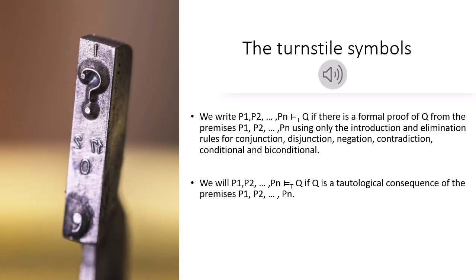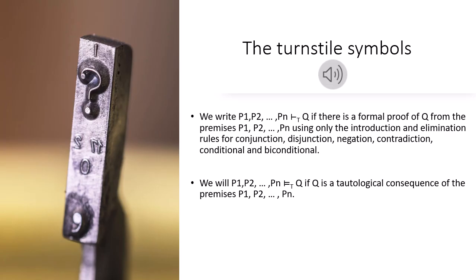And those were our truth functional connectives. Recall that we also had a rule for equality introduction and equality elimination. And here that's specifically being left out because, again, equality is not a truth functional connective, but instead a predicate that's interpreted the same way in all possible situations.